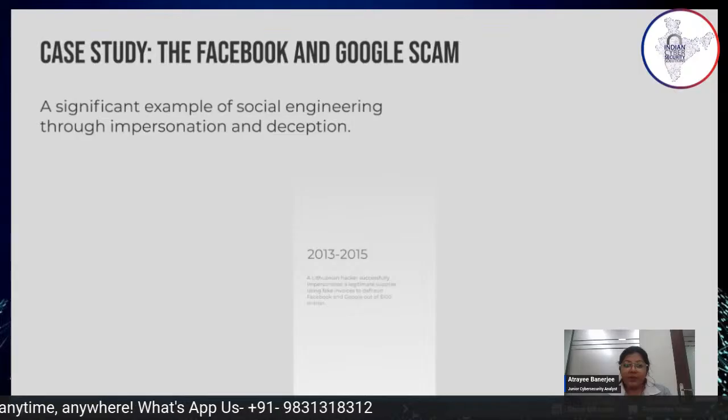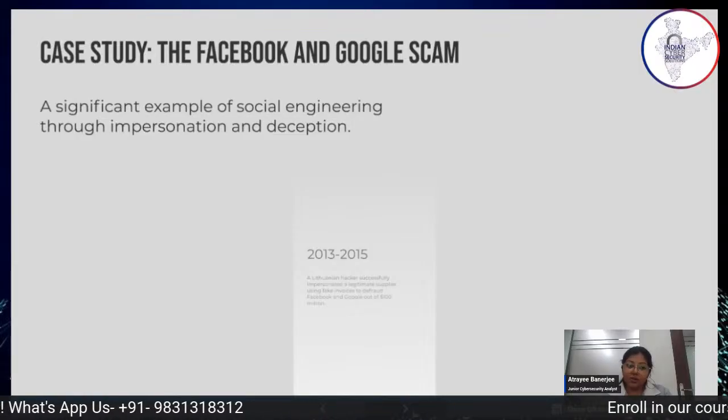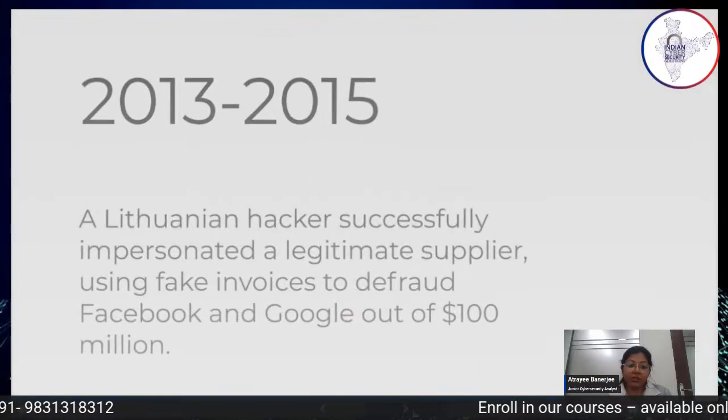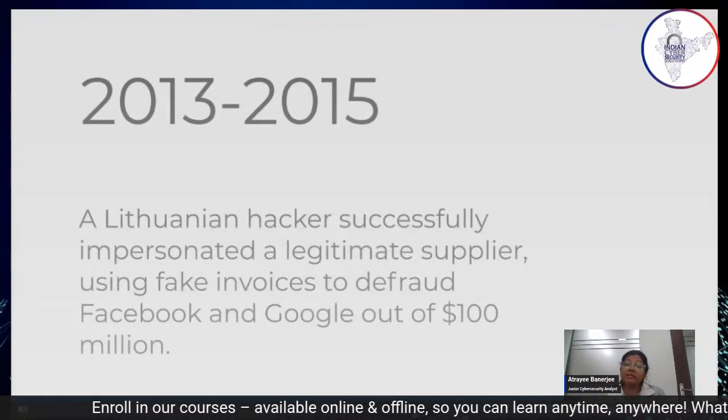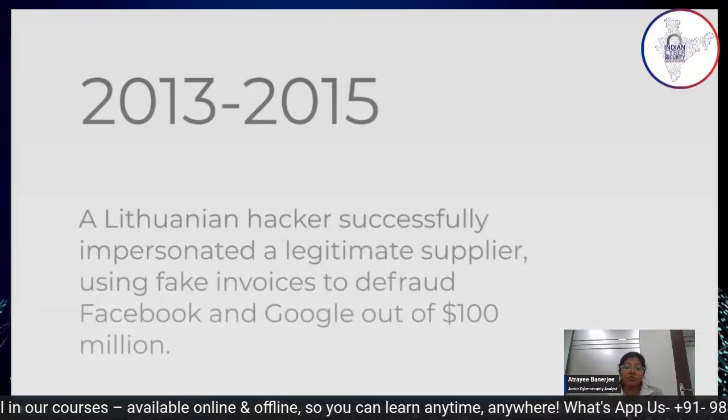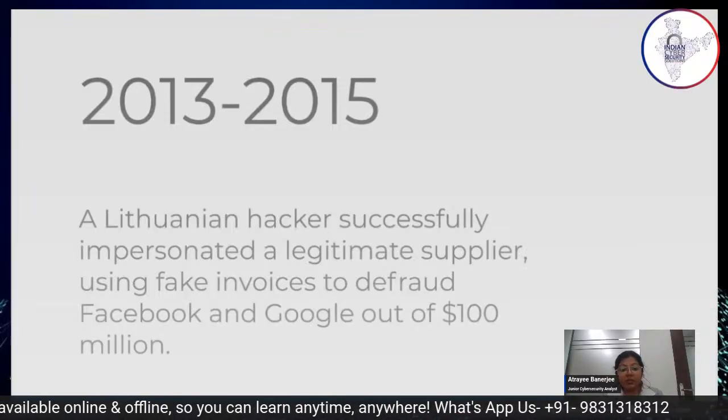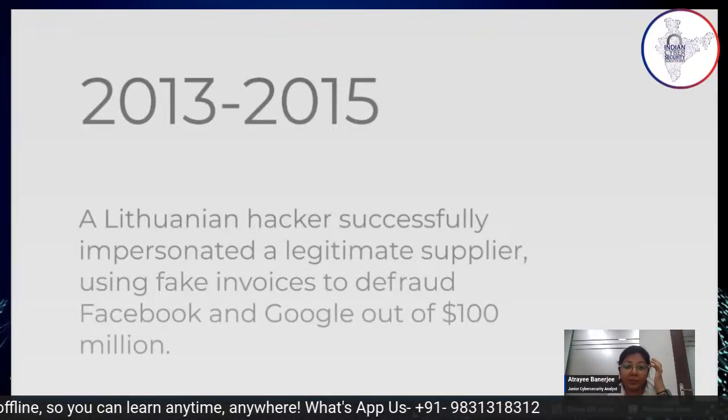Then comes the Facebook and Google scam. This also happened between 2013 and 2015. A Lithuanian hacker successfully impersonated a legitimate supplier using fake invoices to defraud Facebook and Google out of 100 million.